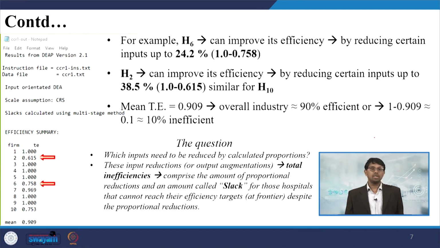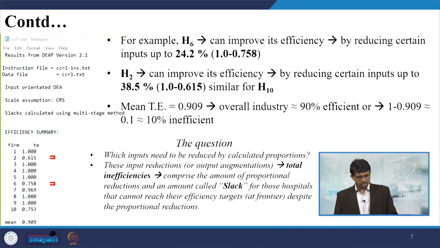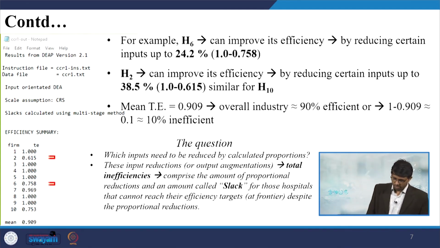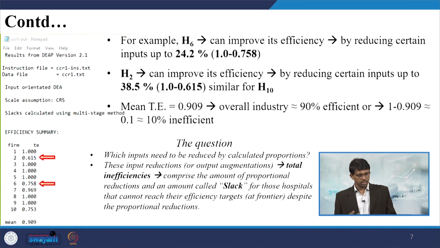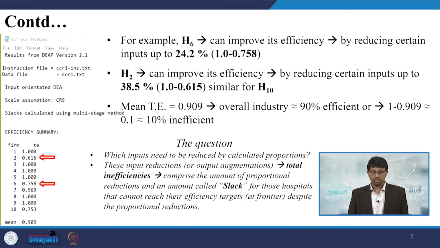Hence, the question is which inputs need to be reduced by calculated proportions. These input reductions or output augmentations, the total inefficiencies, comprise the amount of proportional reductions as well as what are called slacks, for those hospitals that cannot reach their efficiency targets or frontiers despite the proportional reductions.